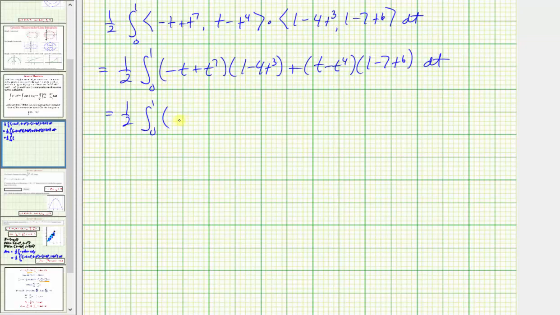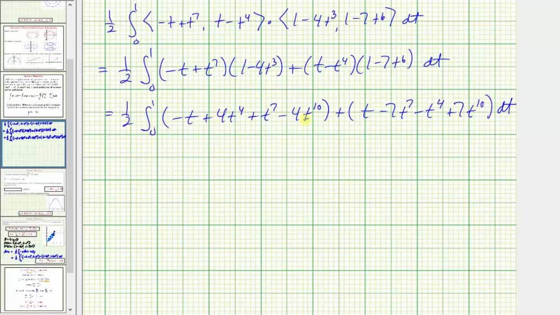So here we'll have negative t plus 4t to the 4th plus t to the 7th, and then minus 4t to the 10th, plus the quantity, here we'll have t minus 7t to the 7th, minus t to the 4th, and plus 7t to the 10th.